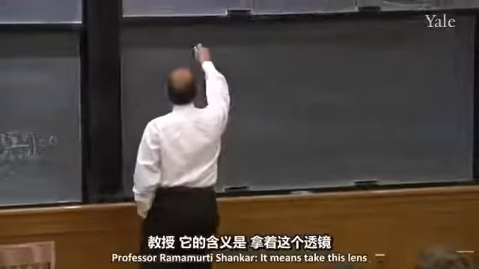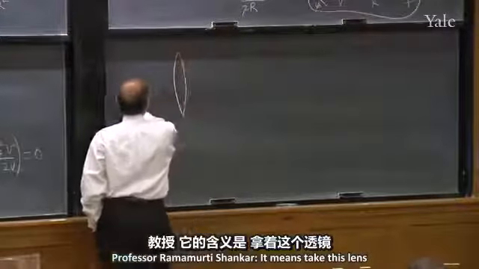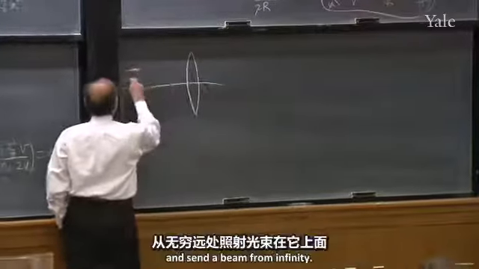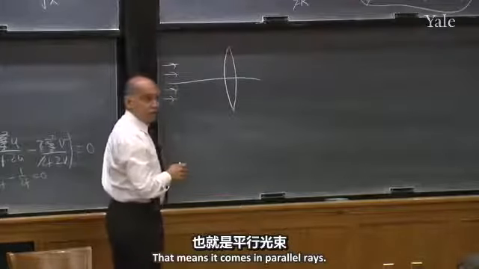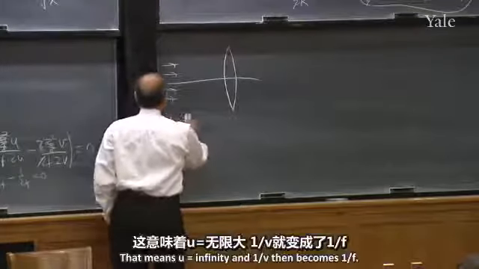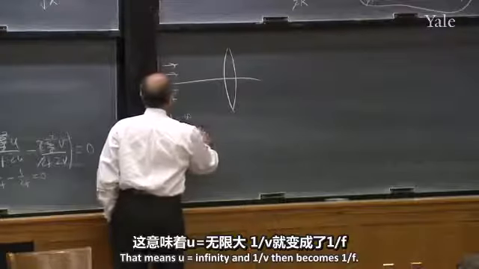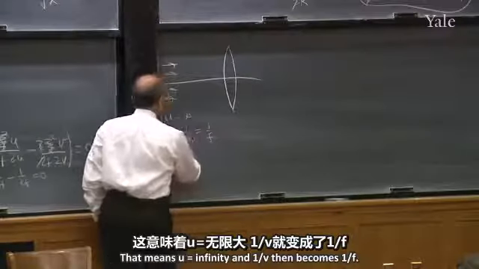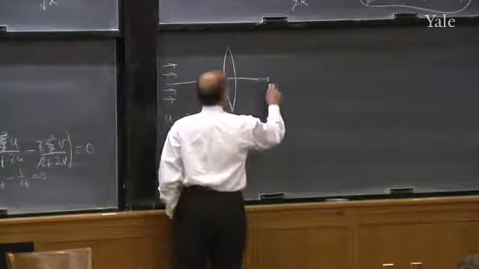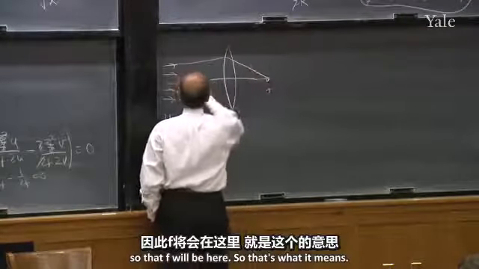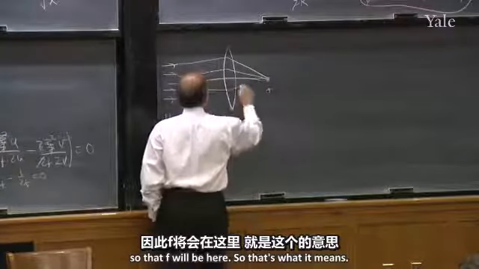It means take this lens, send a beam from infinity. That means it comes in parallel rays. That means u is equal to infinity. Then 1 over v becomes just 1 over f. That means v is equal to f. v is the image point. So that f will be here. So that's what it means.